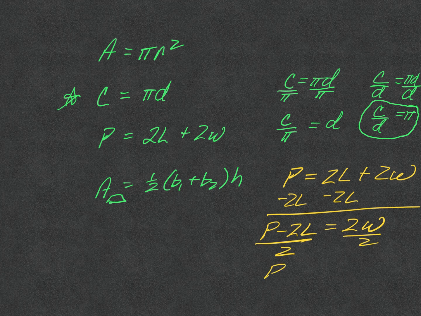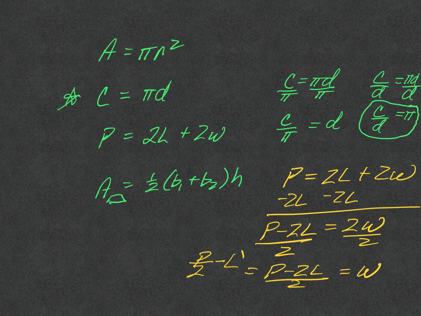And so we get p minus 2l divided by 2 is equal to the width. Now, you could have done this in a slightly different way and ended up with the answer p divided by 2 minus l. And that would also be true.